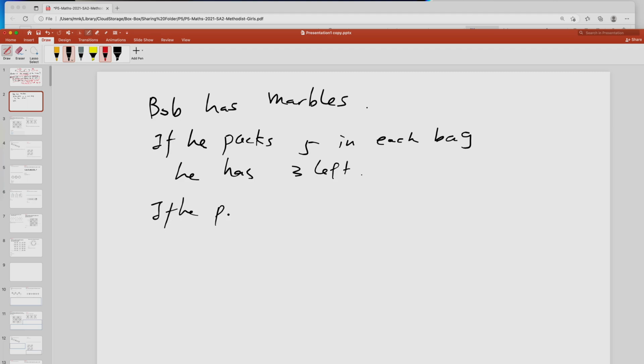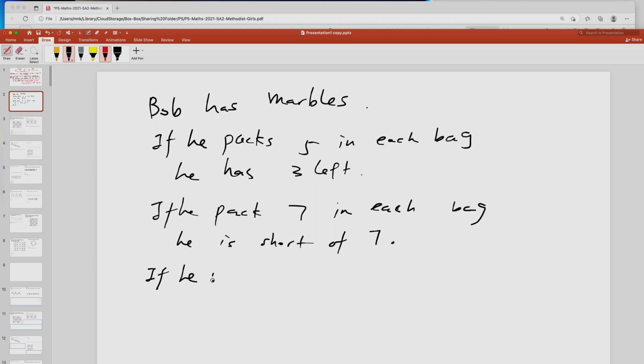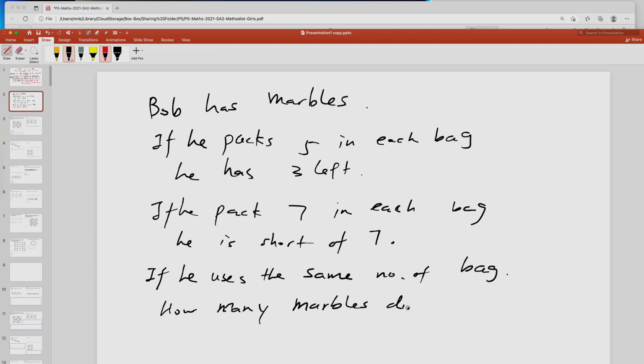If he packs 7 in each bag, he is short of 7. So if he uses the same number of bags, how many marbles does he have?